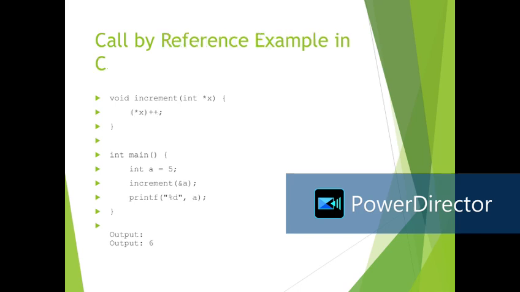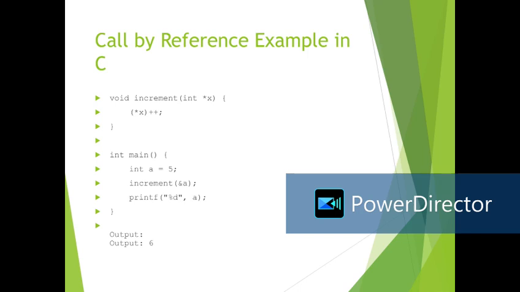Call by reference example in C. Now compare that with this call by reference version. void increment(int *x) { (*x)++; } int main() { int a = 5; increment(&a); printf("%d", a); } Output is 6.